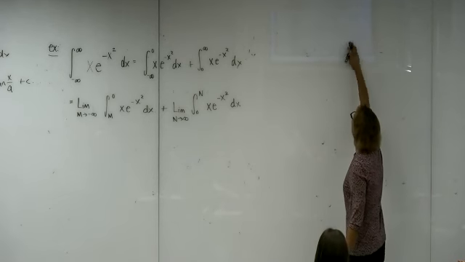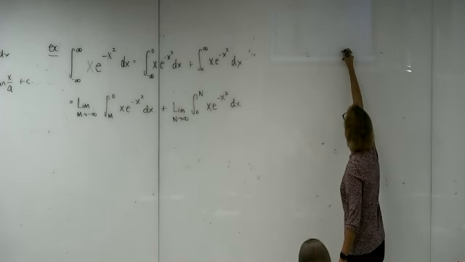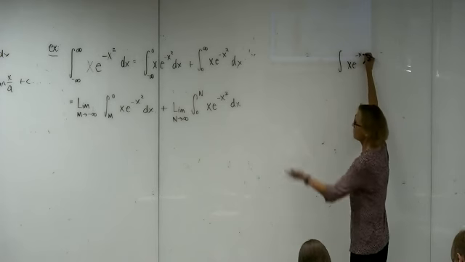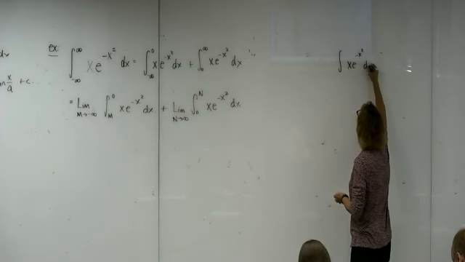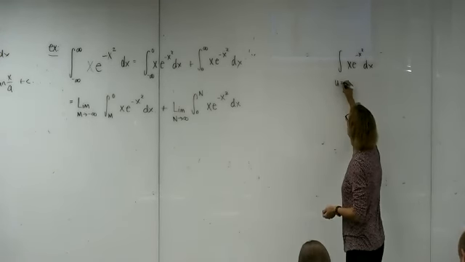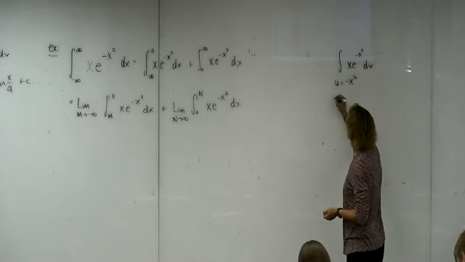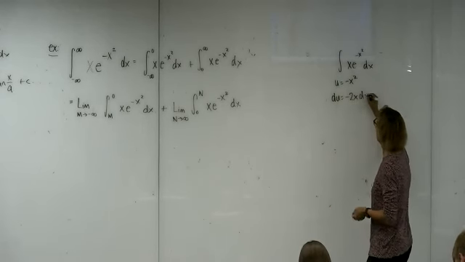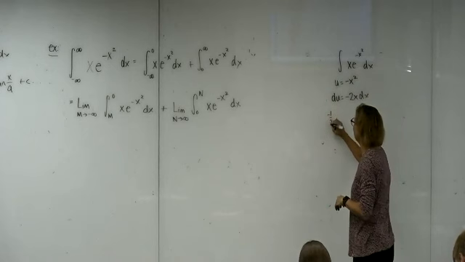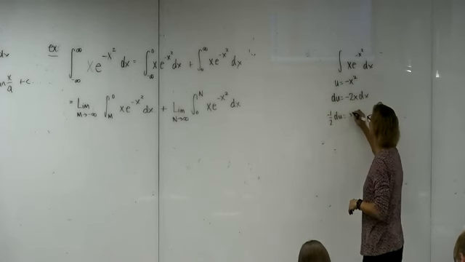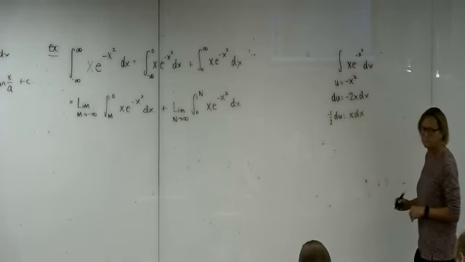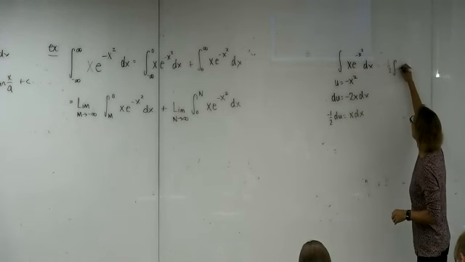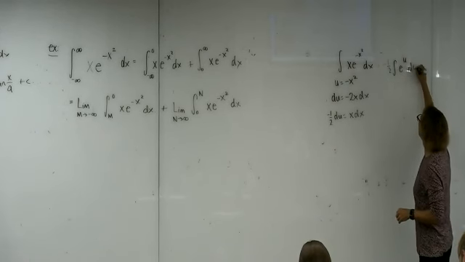It doesn't matter to me, as long as you're able to compute it. I'll do it aside here and I'll go back and fill it in over there. We take u to be the exponent. du is negative 2x dx, or negative 1/2 du is x dx. So this becomes negative 1/2 integral of e to the u du.